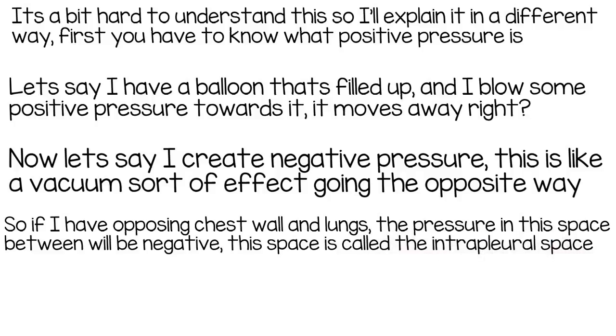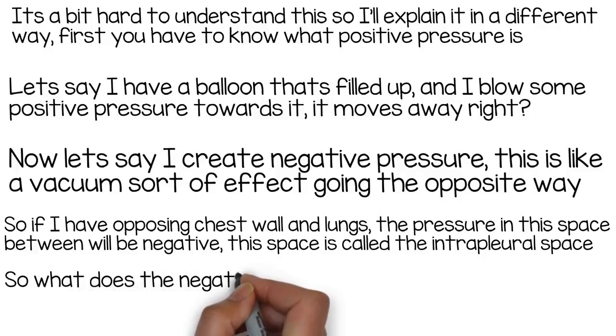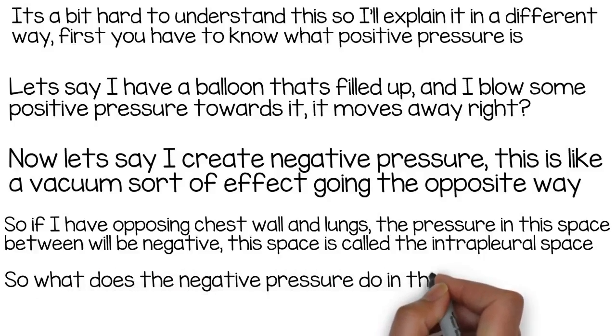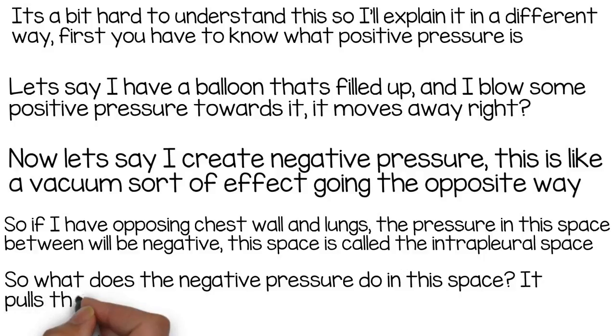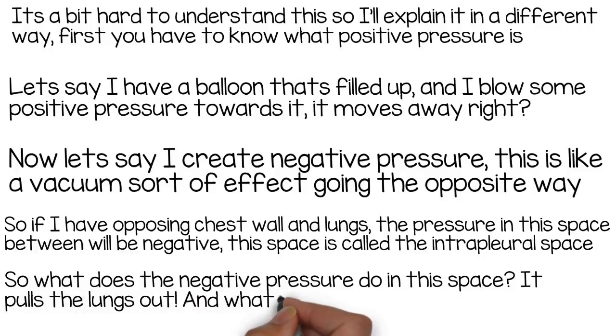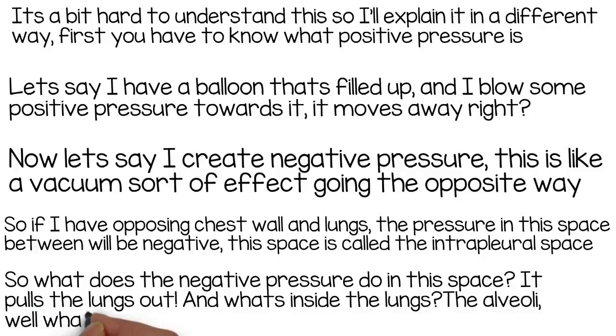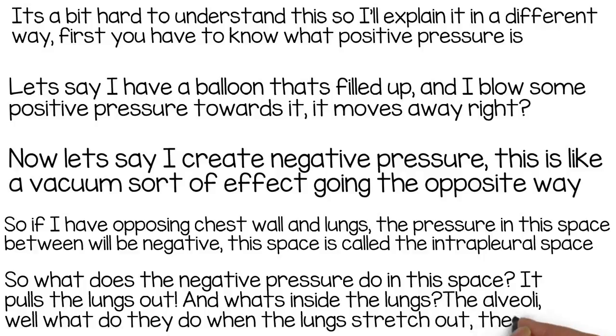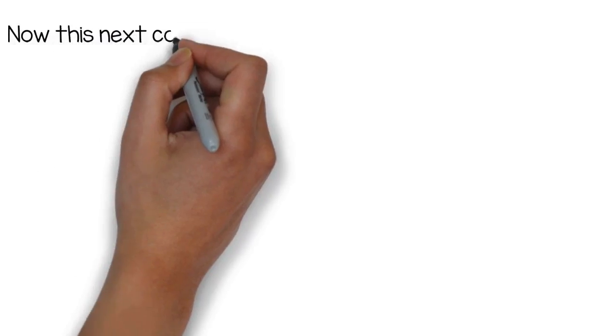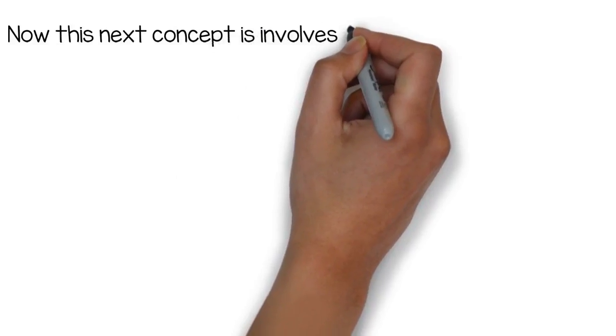This space is called the intrapleural space. So what does the negative pressure do in this space? It acts like a vacuum and pulls the lungs out. And what's inside the lungs? The alveoli. Well, what do they want to do when the lungs stretch out? They also expand.